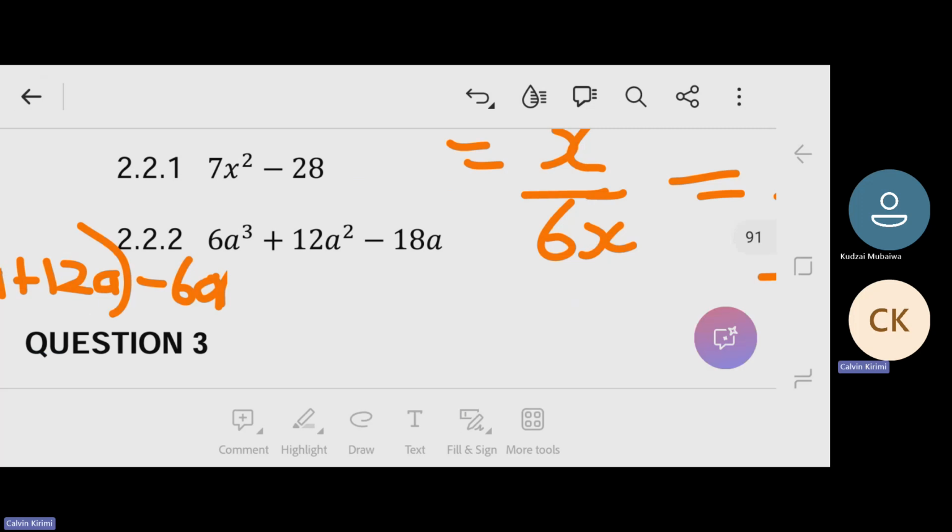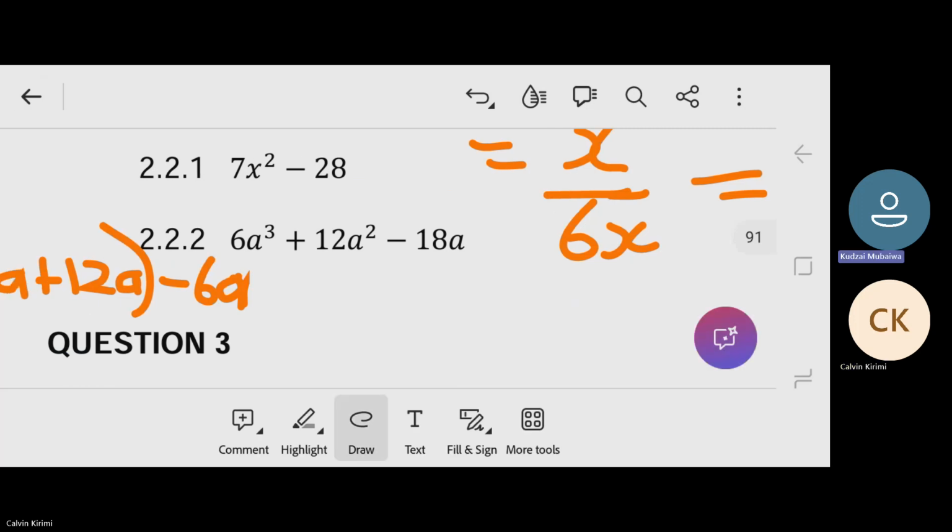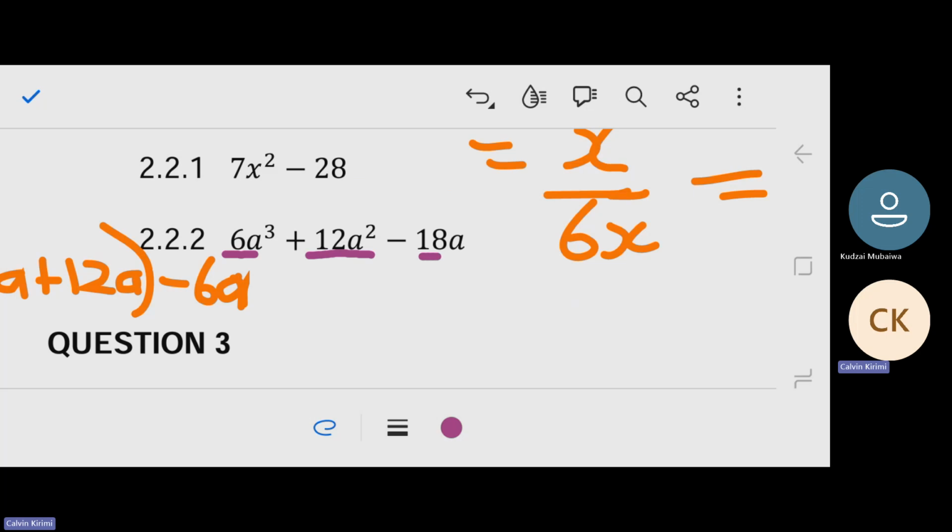What is common in these numbers? A. What is common? Is it just A? Or A squared? A squared is not there. There's no A squared, so A squared is not common.